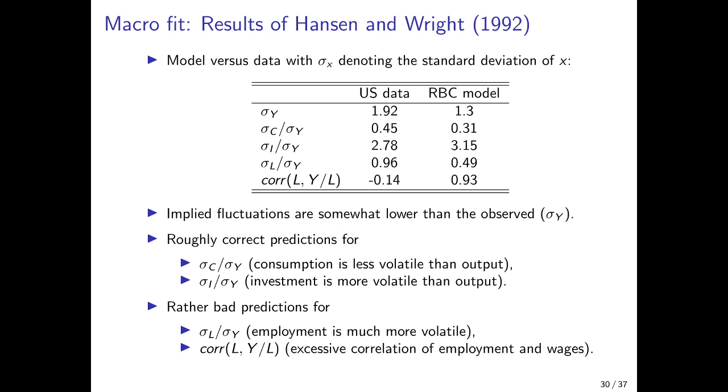So basically, we can say that the real business cycle model is able to capture some aspects well, that consumption is less volatile than investment and so on, but some aspects are not as well captured by the model, and it underestimates variability of output somewhat, basically.